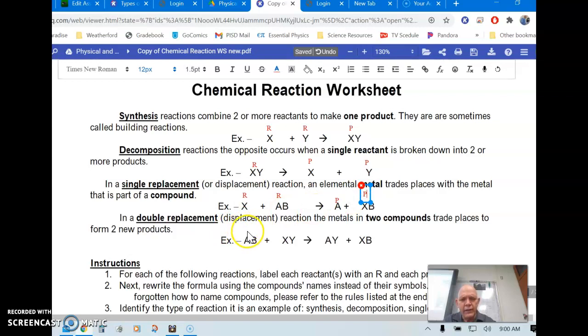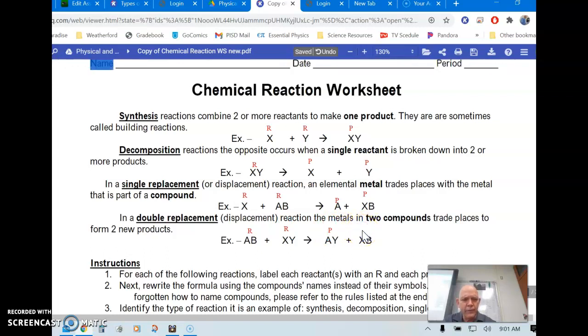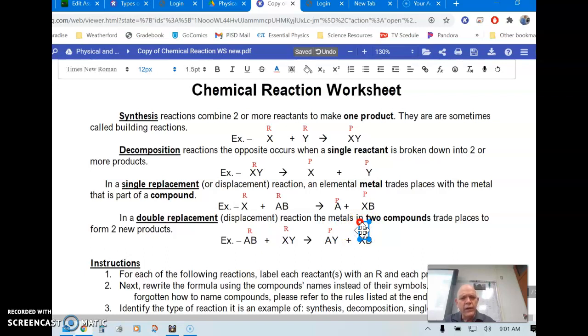Now, down here in this next kind, we also have two reactants, and we also have two products. So by this one, we can't just tell by the number of reactants and the number of products how many we have. So here we go. We have two reactants and two products. How do we tell the difference?